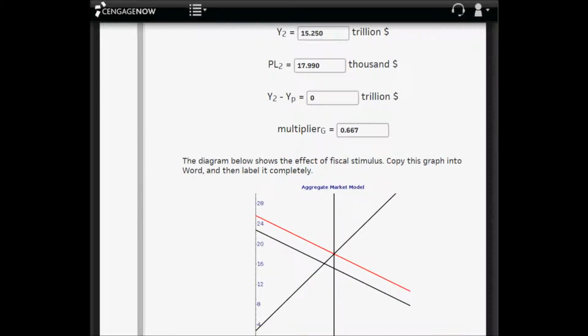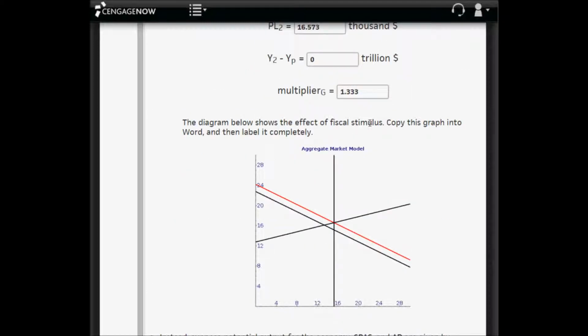So, what was the whole point of this problem? Well, the government spending multiplier starts out at 0.667 when short run aggregate supply is relatively inelastic. As the slope of short run aggregate supply falls, or as short run aggregate supply becomes relatively more elastic, the value of the multiplier increases.